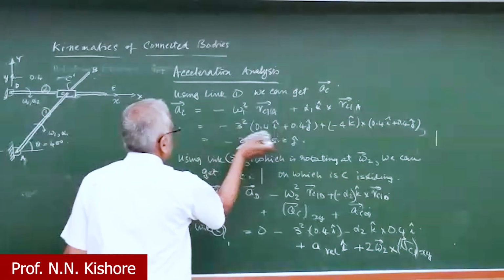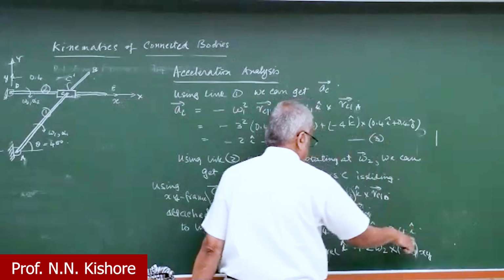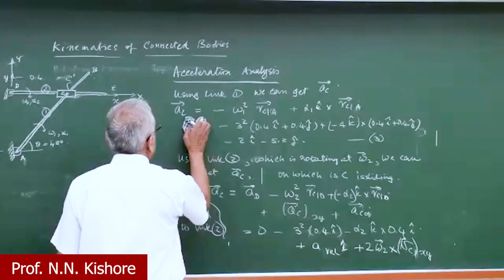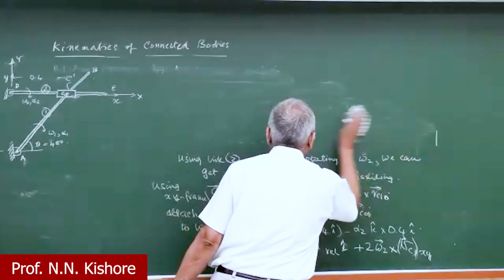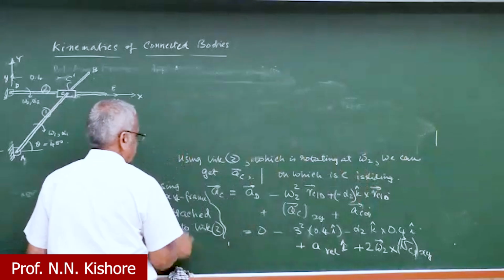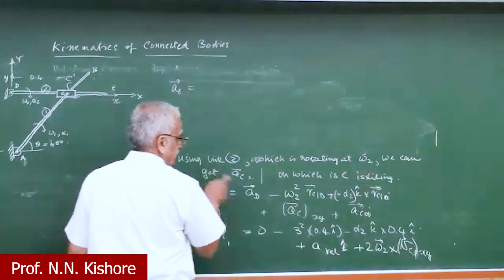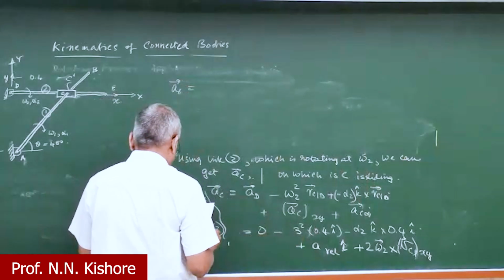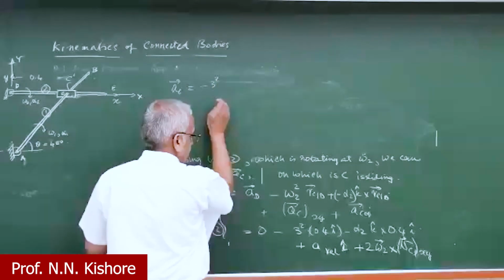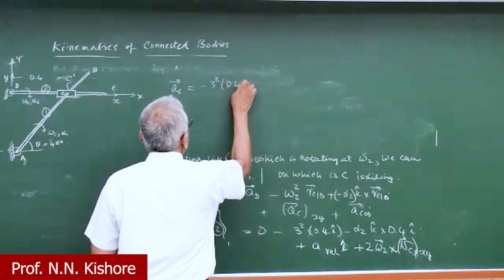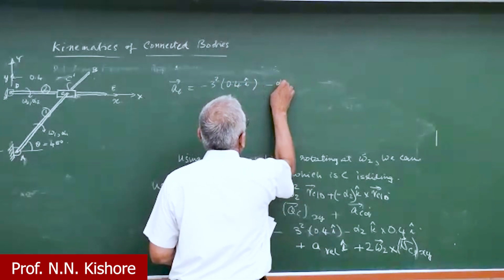So that's what it is. And let me write, once you remember this, I think make this as 3. And this I'm going to get as 4. So we'll continue this, simplified. Simplifying, we have minus 3 squared and 0.4 I. And alpha 2, we'll put it as alpha 2 needs to be found.